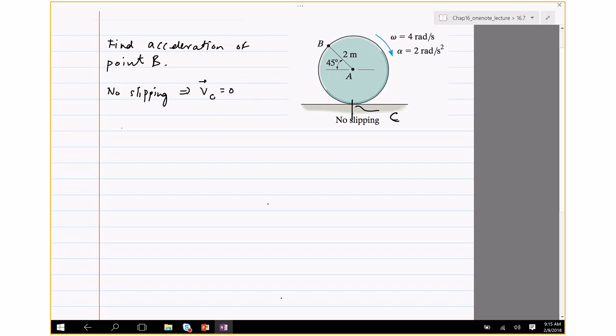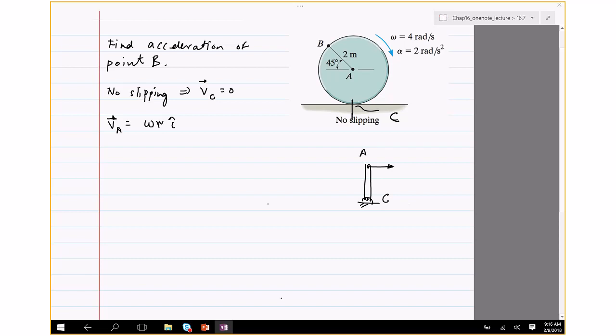Velocity of A is omega r times i. That's true because one way to think about this system is as if it's pinned at C and A is moving.